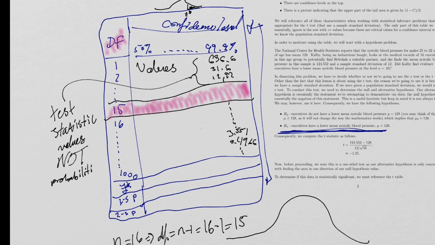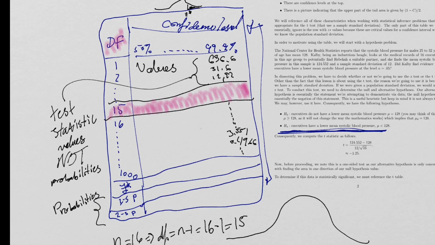And the reason I'm emphasizing this is on a z-score table, the inside were probabilities, and the z-score values were on the outside. However, now the t test statistic values are on the inside, and the probabilities are actually right here in this one-sided or two-sided p-value portion. So probabilities.